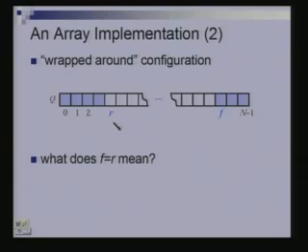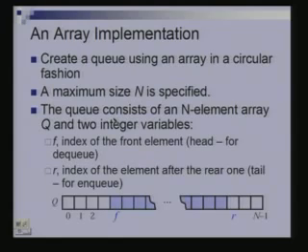Now, initially, when we started, front was referring to this location. When we begin, where should front have referred to and rear have referred to? F should have been at -1, right?